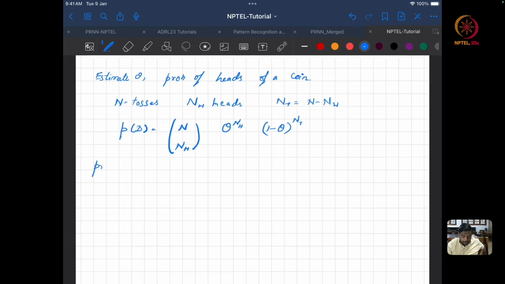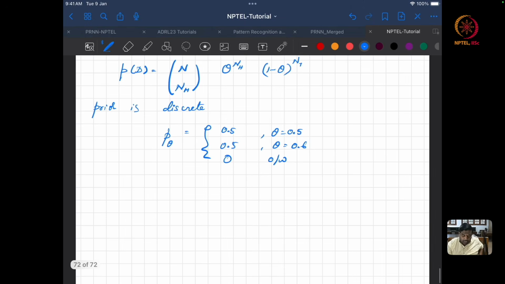Now we have the prior, which is discrete. P(theta) is 0.5 when theta equals 0.5, and 0.5 when theta is equal to 0.6. These are the two values, and for every other point it takes 0 mass.